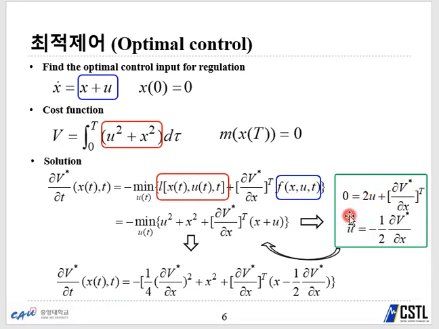So the optimal input can be obtained, and substituting u bar, we obtain the PDE. It is too hard to find this solution. However, in a linear system, the solution is very trivial.